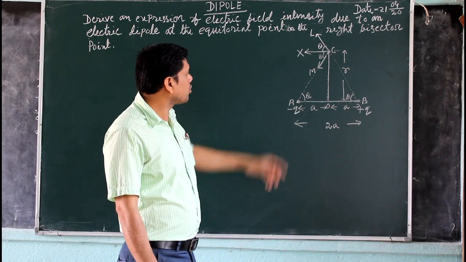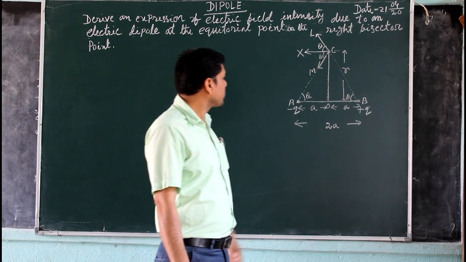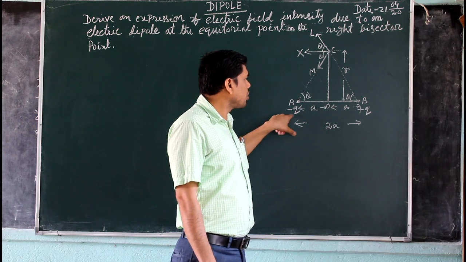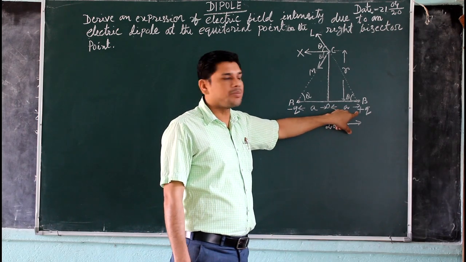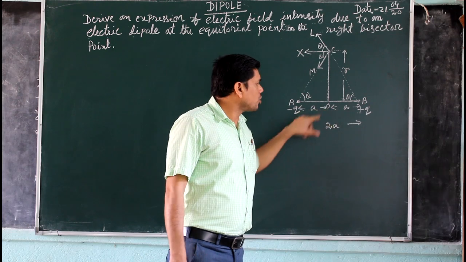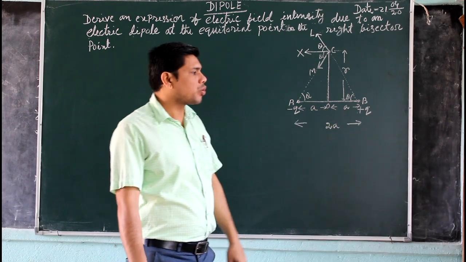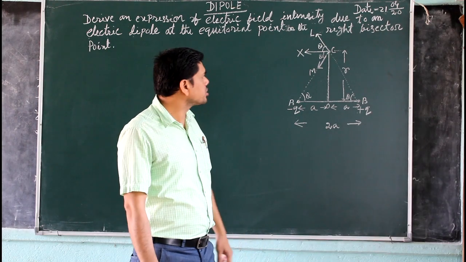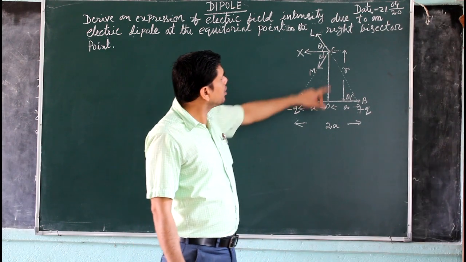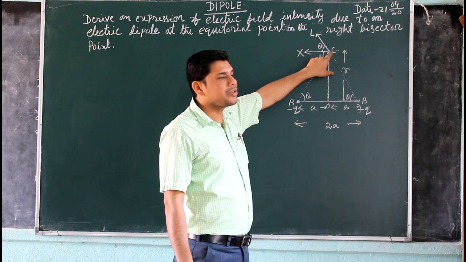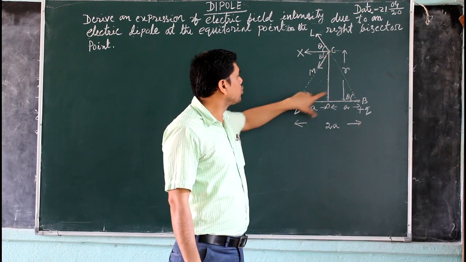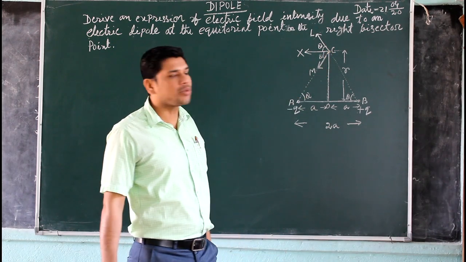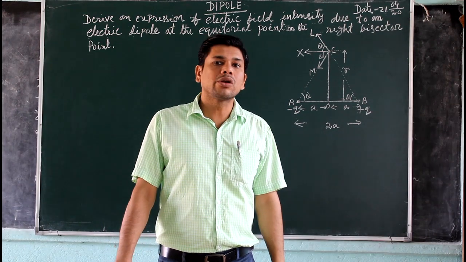Here we have considered one dipole AB, with minus q charge at point A and plus q charge at point B. The length of this dipole is considered twice a, and O is the center point of this dipole. Now we have to find the electric field intensity at point C due to this dipole, and this point C is lying on the equatorial point.